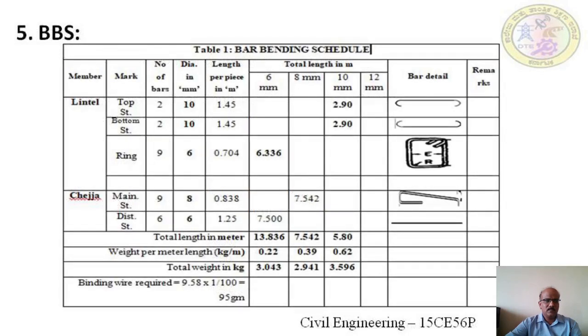Hence, Chajja main bars are 9 numbers. We have to write it here. Then the diameter of that bar is 8 mm and the cutting length is 0.838 meter. When you multiply 9 and 0.838, it comes around 7.542 meter. That we need to write in the 8 mm column. Like this, the distribution bar, 6 numbers are required and the cutting length is 1.25 meter.